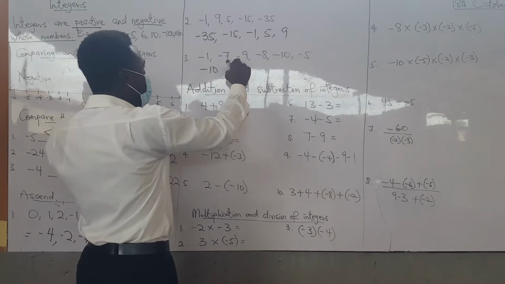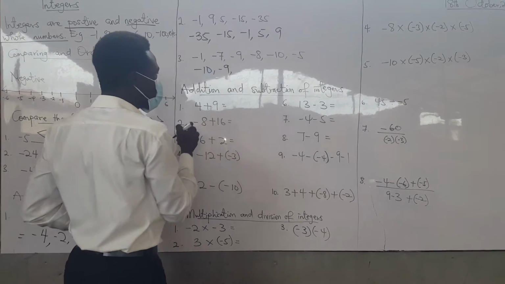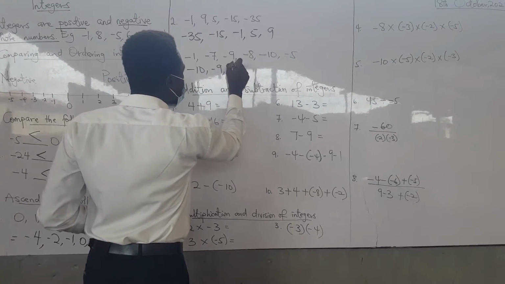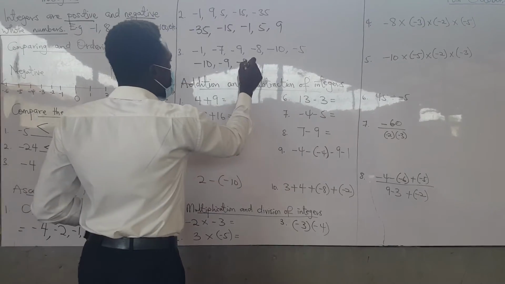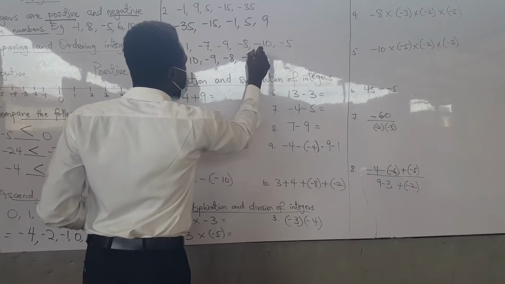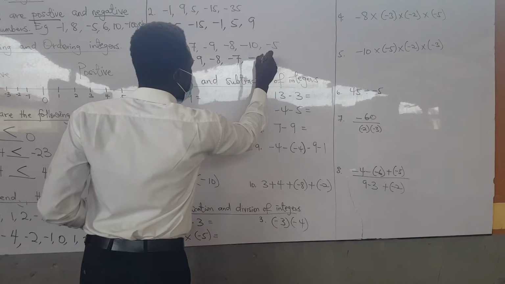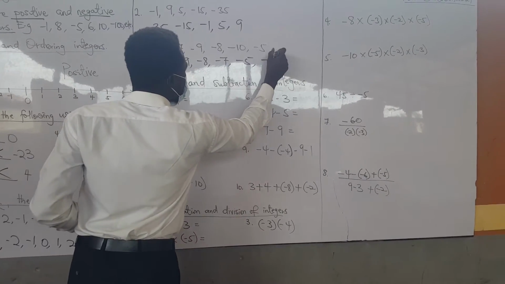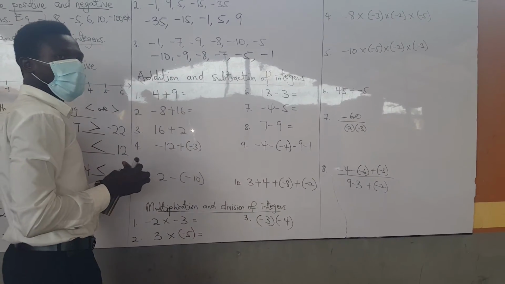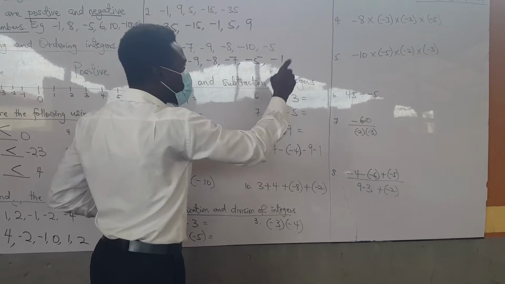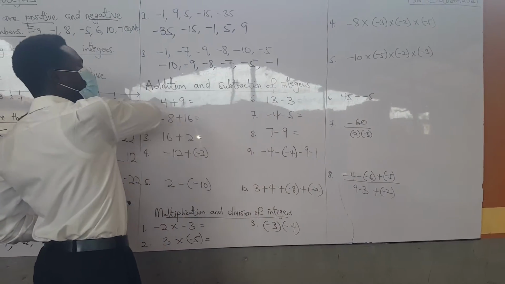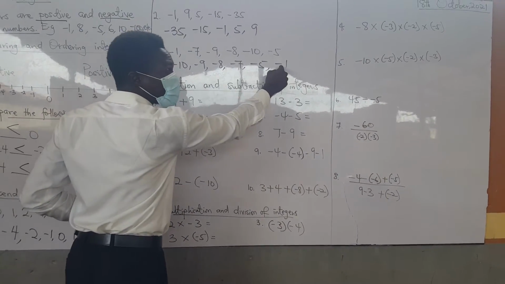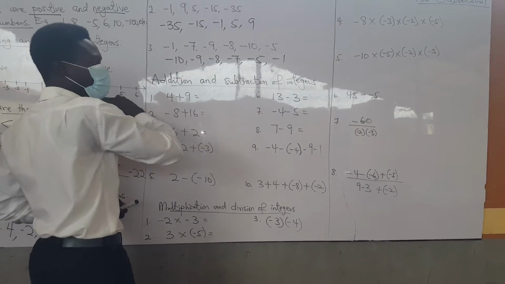So followed by negative 9, followed by negative 8, followed by negative 7, gives me negative 5, and finally negative 1. So in ascending order, negative 1 is greater than all the numbers here.